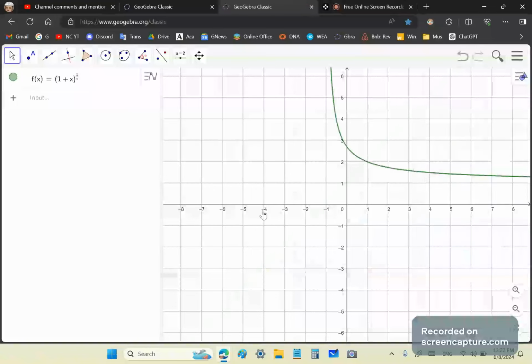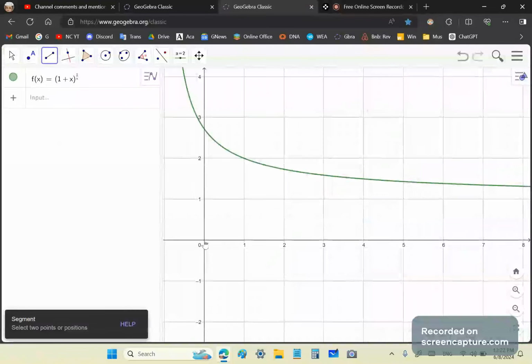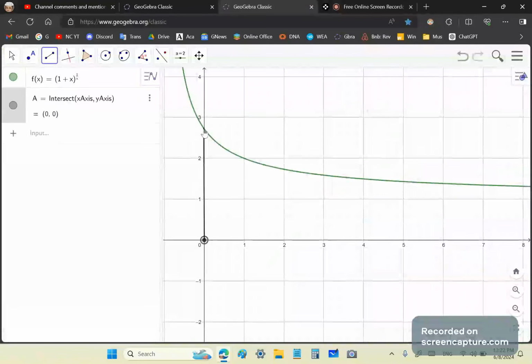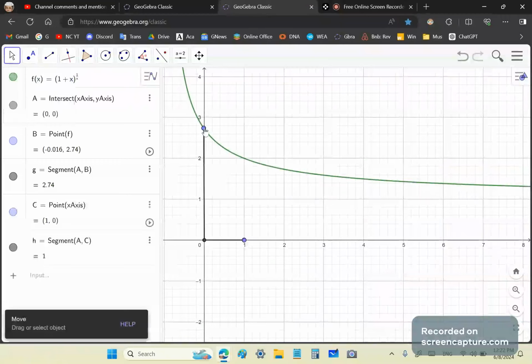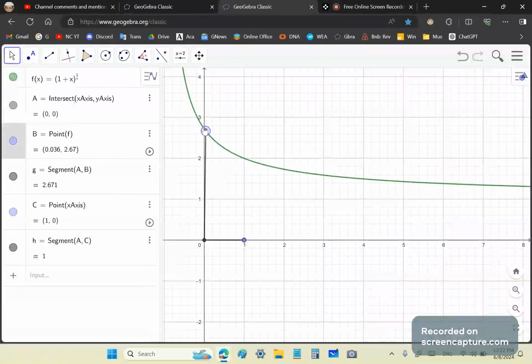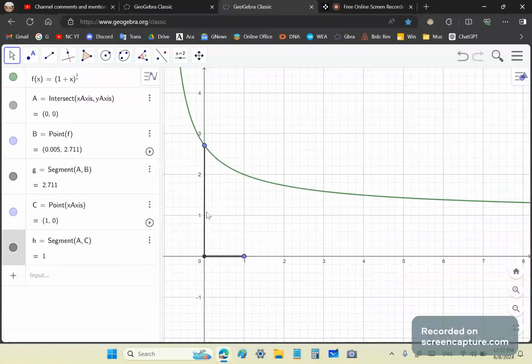If we want to represent E geometrically, it will be this distance to this distance. So this line here would be the antecedent, and this line here would be the consequent. Okay, it's as simple as that.